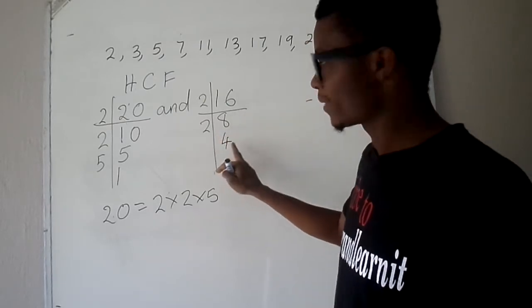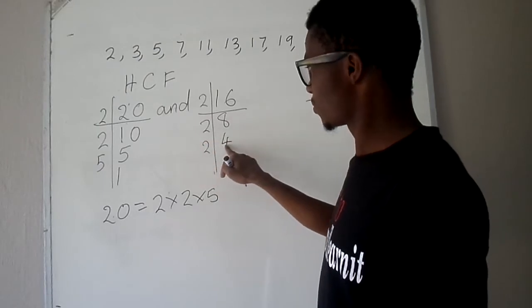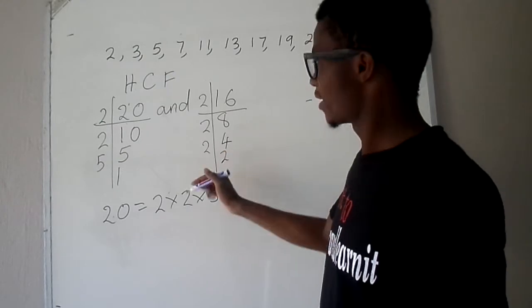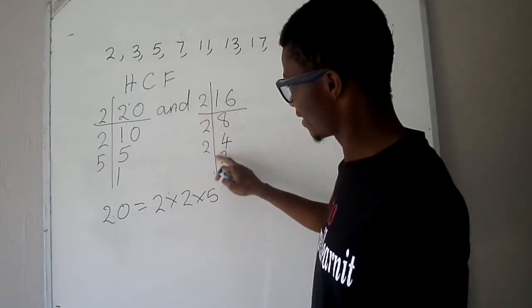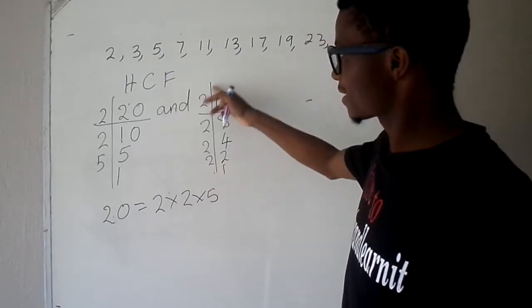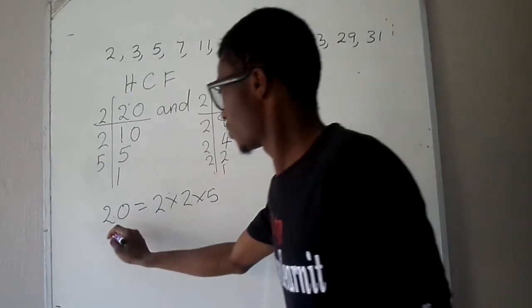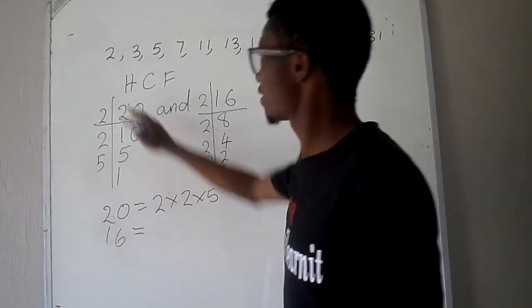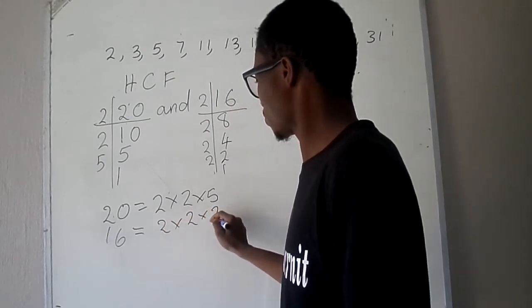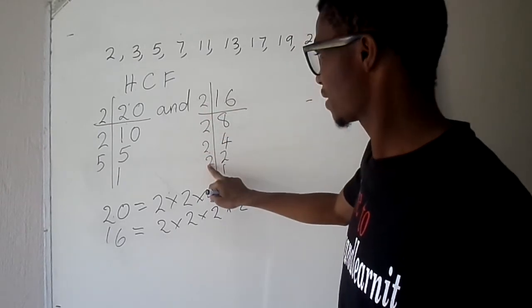The smallest prime number to divide 4 is 2. 2 into 4, that's 2. The smallest prime number to divide this 2 is still 2. 2 into 2, that's 1. So 16 can be written as 2 times 2 times 2 times 2.